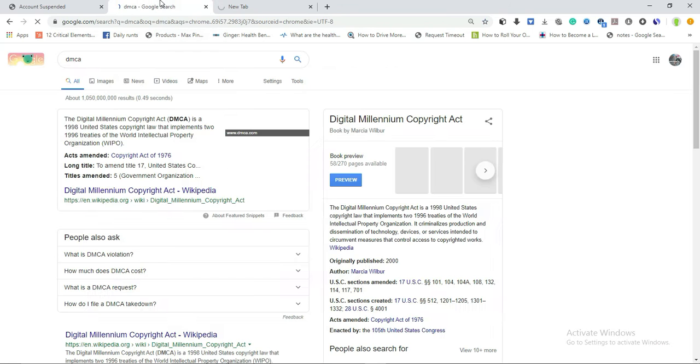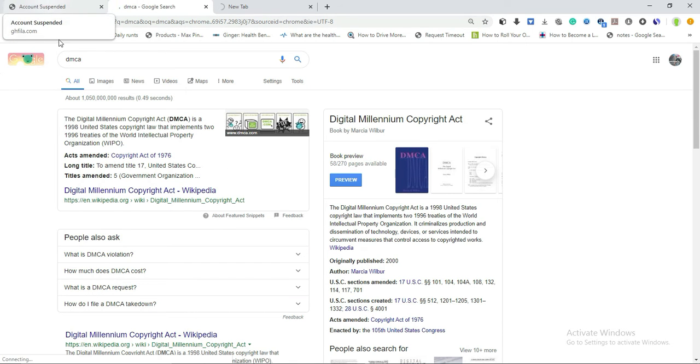So they laid a claim to the hosting provider that in turn also suspended the account. So the Digital Millennium Copyright Act, that is actually the full meaning of the DMCA. So these are all the information you need to get for it.